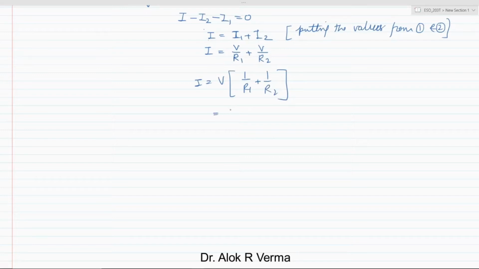If we compare with the equivalent resistance, this is nothing but 1 by R equivalent. So in terms of Ohm's law, I is nothing but V by R equivalent. So here, 1 by R equivalent is nothing but 1 by R1 plus 1 by R2.